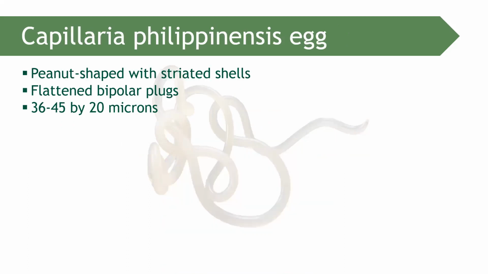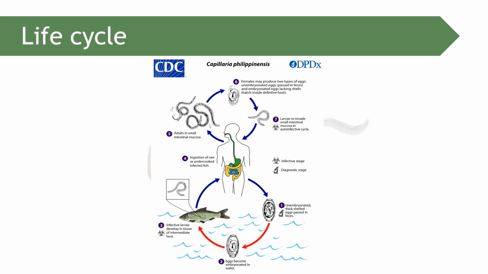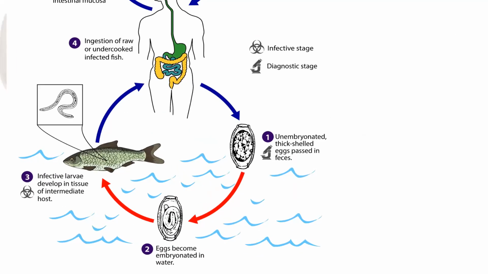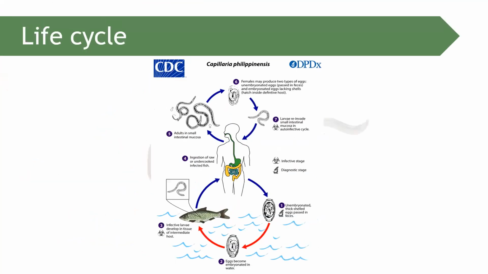For Capillaria philippinensis, take note guys that the egg resembles a peanut shape with striated shells. Sometimes it is termed flattened bipolar plugs. That is the egg of Capillaria philippinensis. It also has plugs, but flattened, unlike Trichuris trichiura, whose bipolar plugs are prominent.